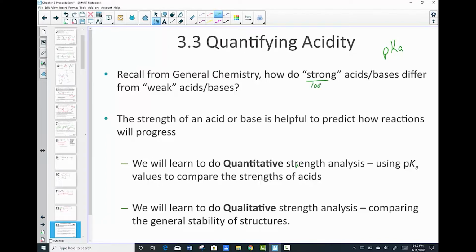That means when I place it into water, it 100% ionizes to form its aqueous ions, right? And the strength of the acid lies in the amount of ions it can produce. So a strong acid creates lots of ions. You're favoring the right side of our dissociation equation.